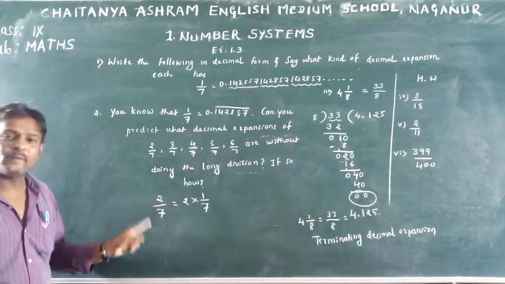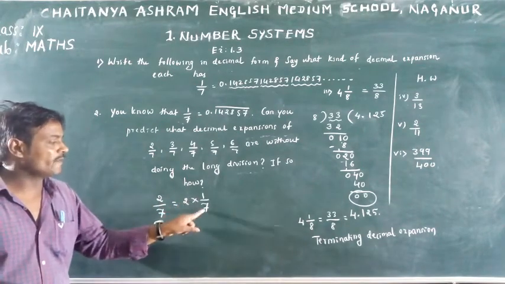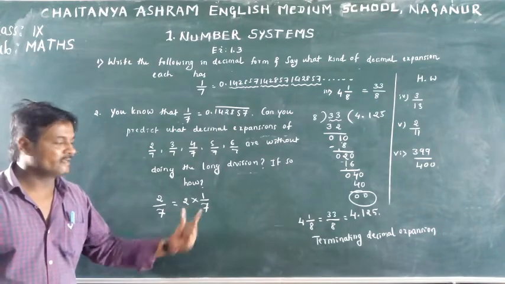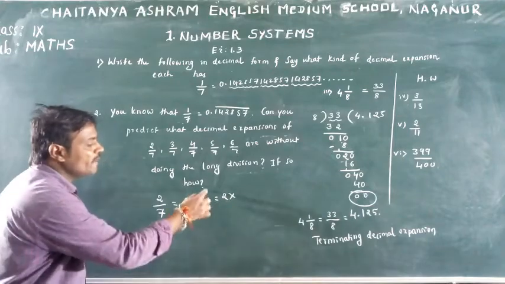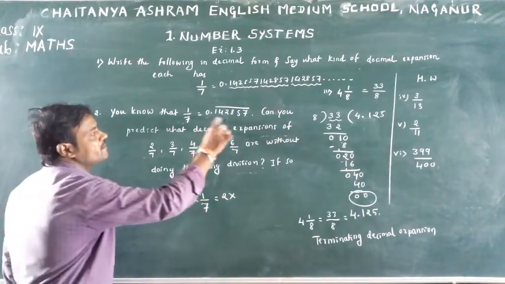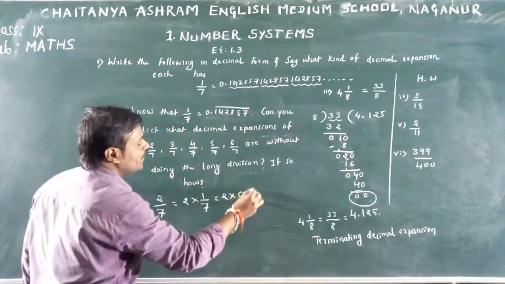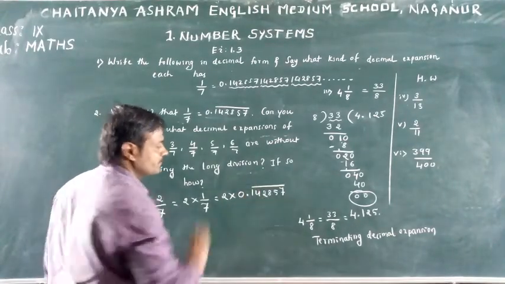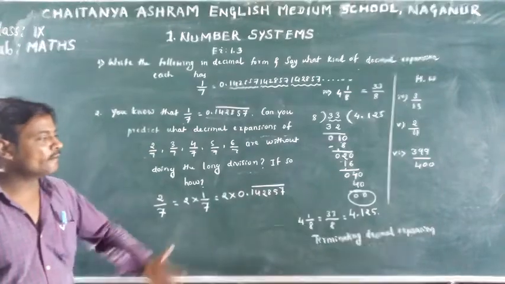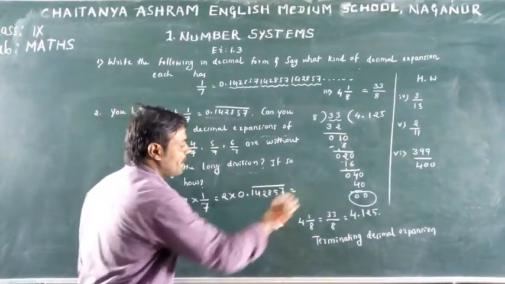So 2 by 7 we can write as 2 into 1 by 7. This decimal expansion is given. How much is it? 0.142857 bar.